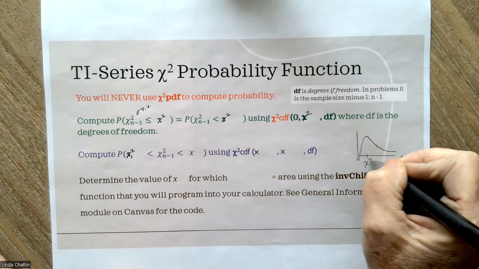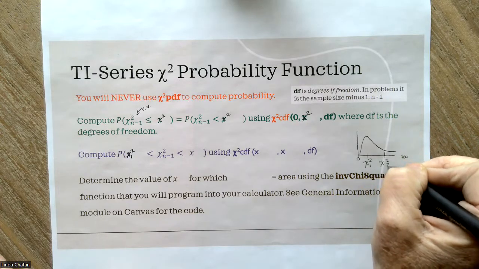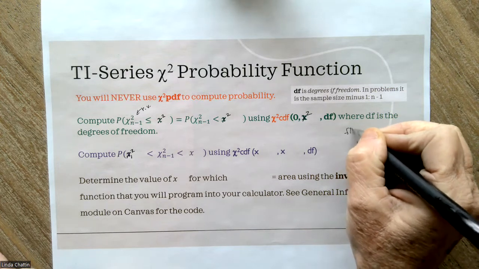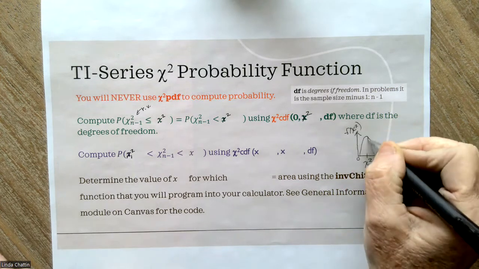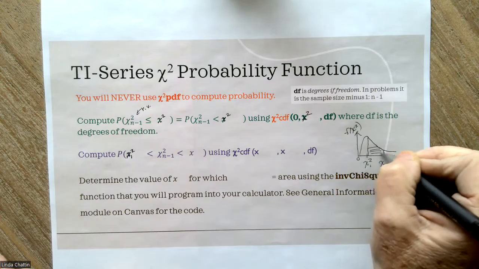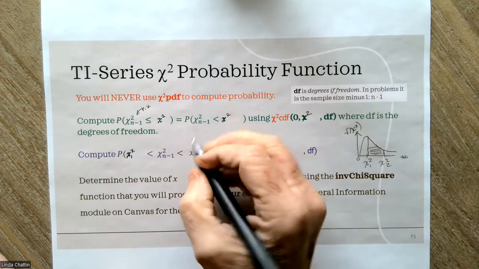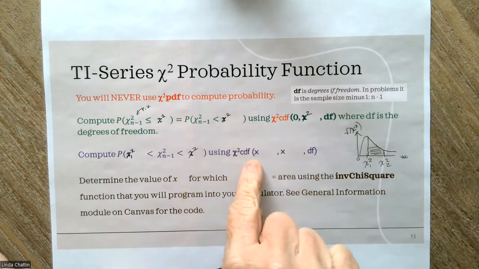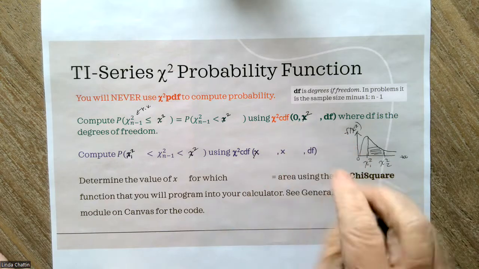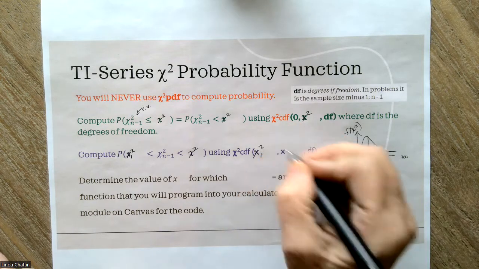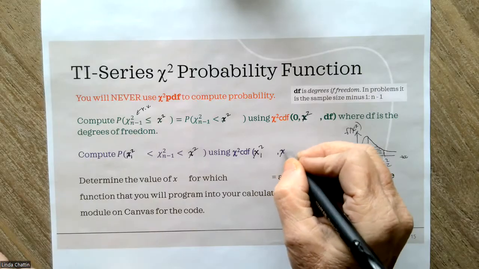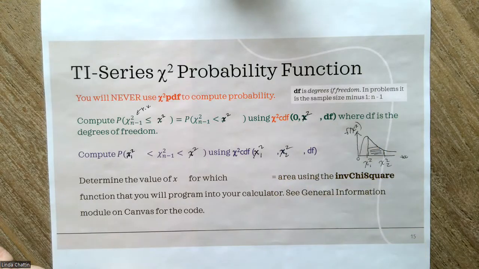If I wanted to go from chi-square 1 up to chi-square 2 and get this area, that's what I'm showing with the purple here. So I could use this chi-square CDF and I would go from this first point chi-square 1 to chi-square 2, and then I have to give it the degrees of freedom.